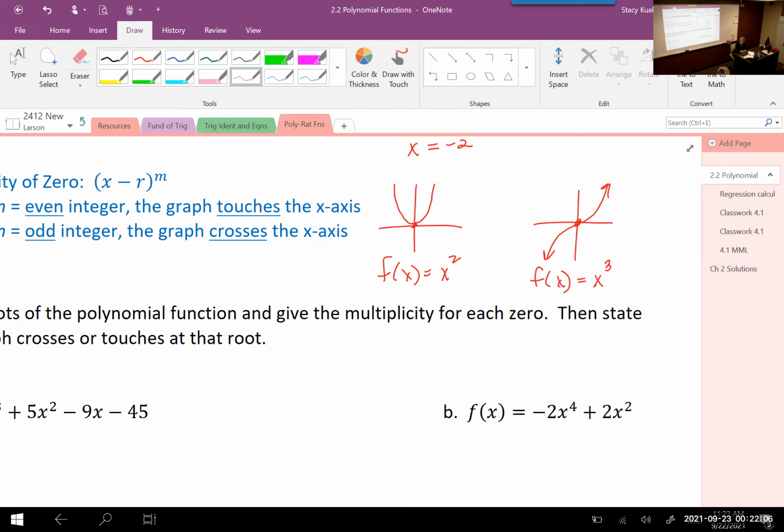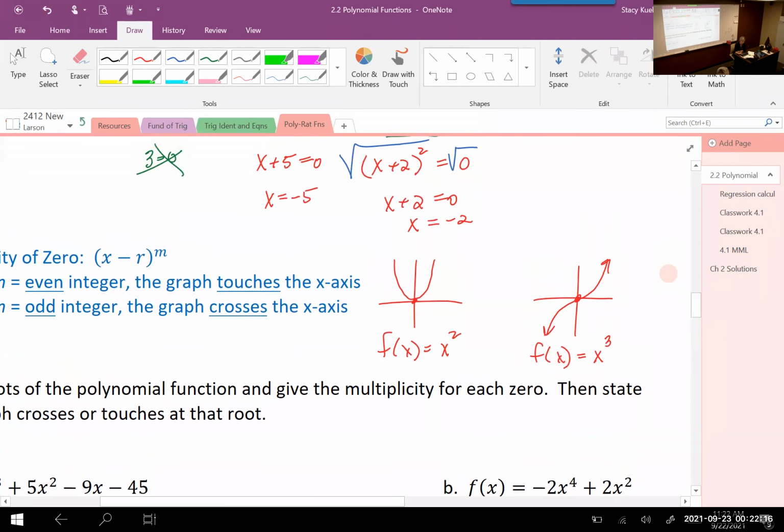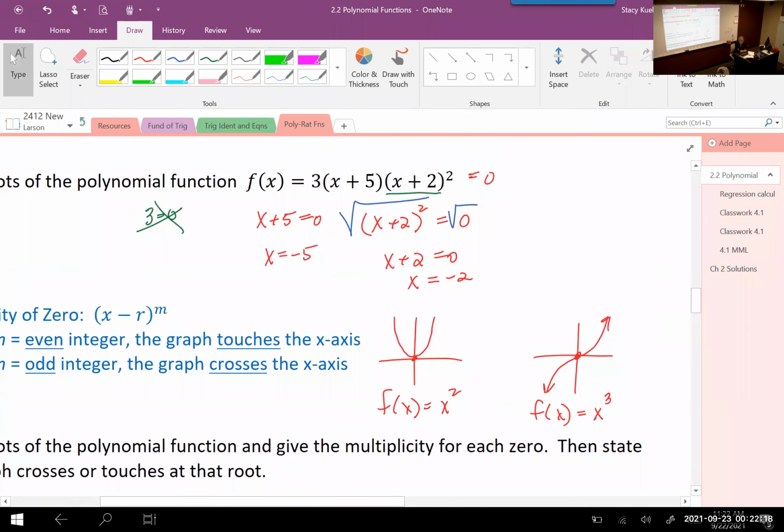We touch for even, we cross for odd. So coming back up here, if we were looking at our roots, and I wanted to know about the problem we just worked, we know that we had a root at -5 and a root at -2. What are we doing at that root of -5?